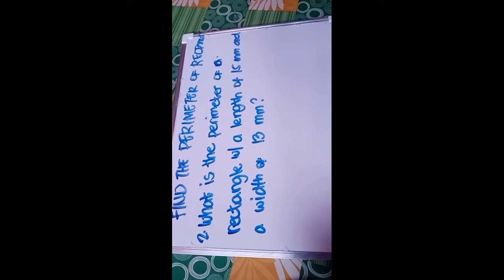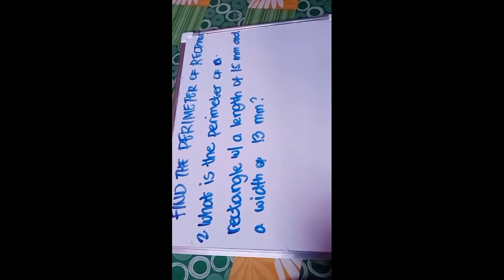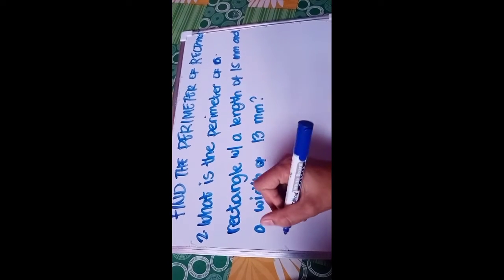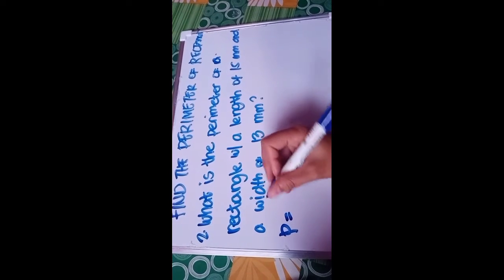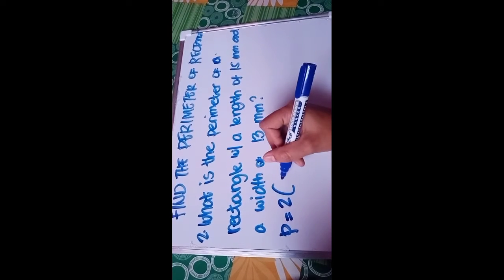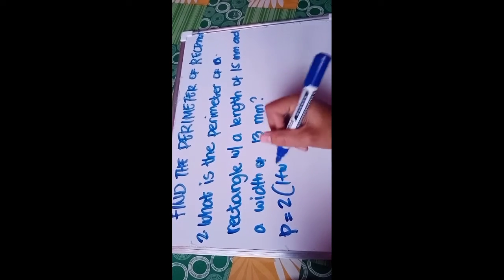So in our second example of finding the perimeter of a rectangle, what is the perimeter of a rectangle with a length of 15 millimeters and a width of 13 millimeters? So our formula is P equals 2 times length plus width.